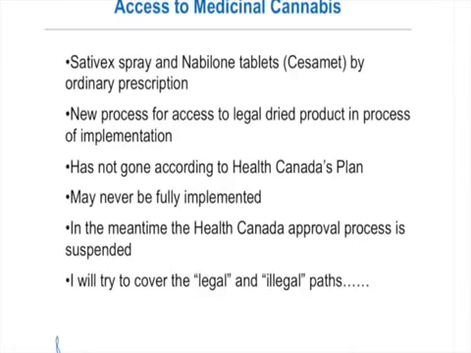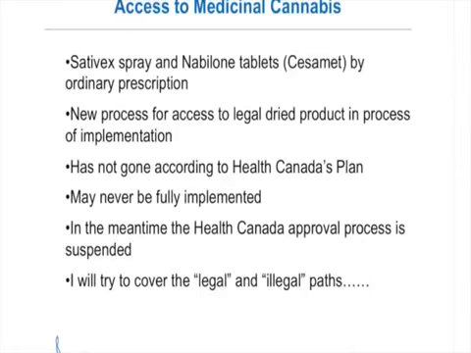In the meantime, the Health Canada approval process, which used to be in place with the forms that had to be sent in to the federal control agency, has been suspended, so nobody is doing them anymore. There used to be a sort of green card that people got through Health Canada, and those are no longer being issued, but each individual licensed producer or dispensary has been giving some kind of identification to patients, and this probably will continue.